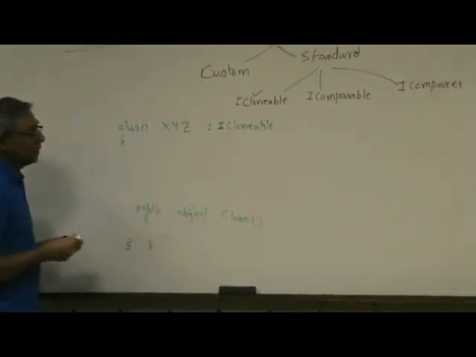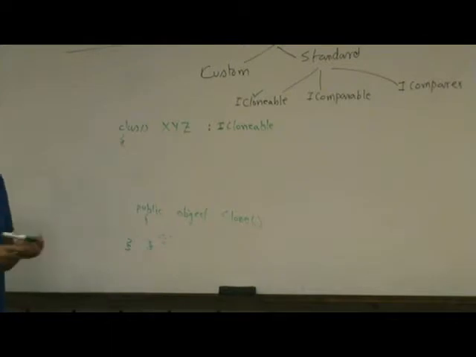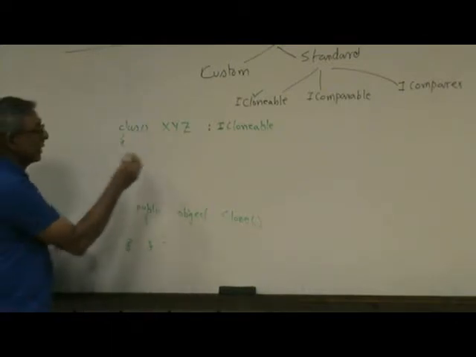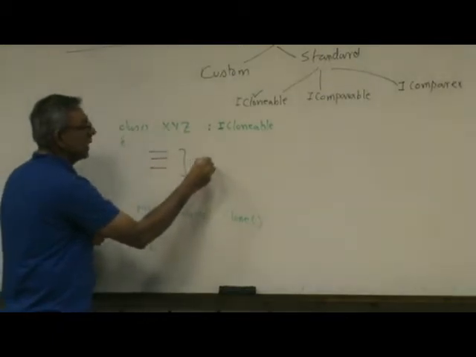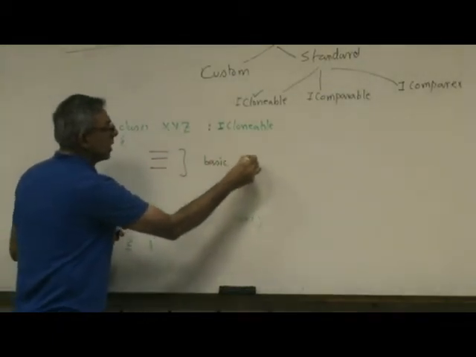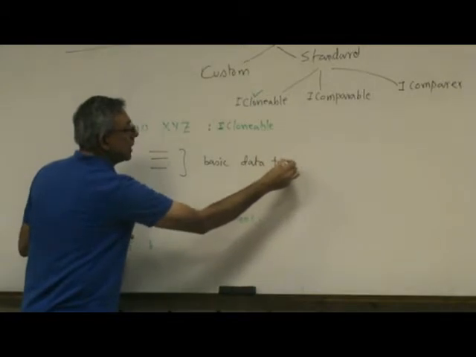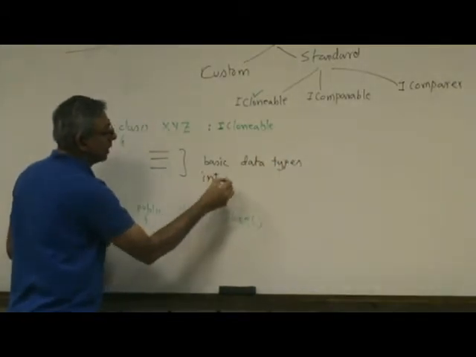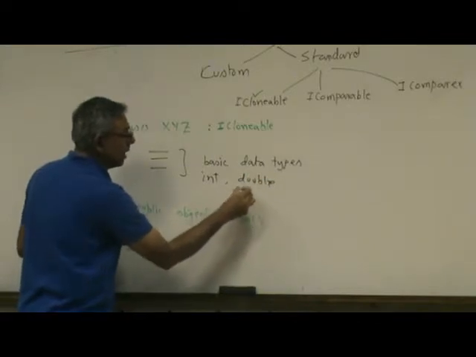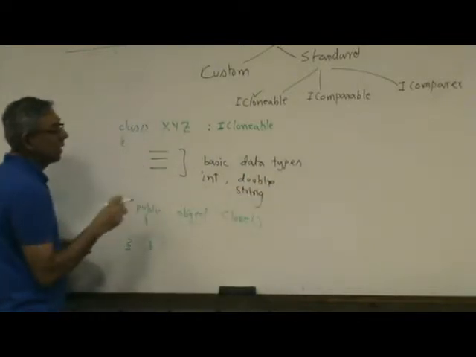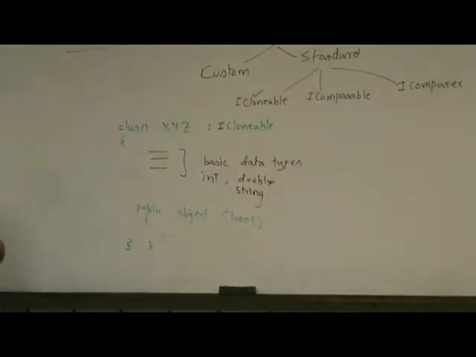And now you can write your code in it. Okay? So we discussed that if all the fields in your class, whatever fields you have declared, are basic data types, meaning it could be int, double, string, right? There's no object of a class or no array over here, okay?